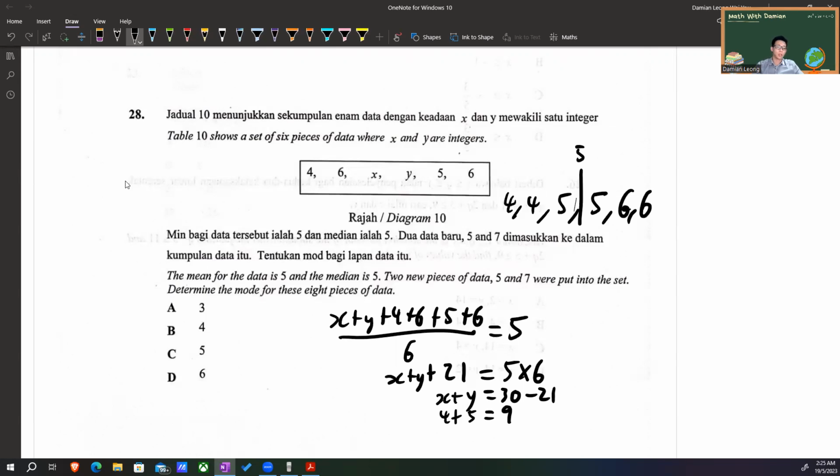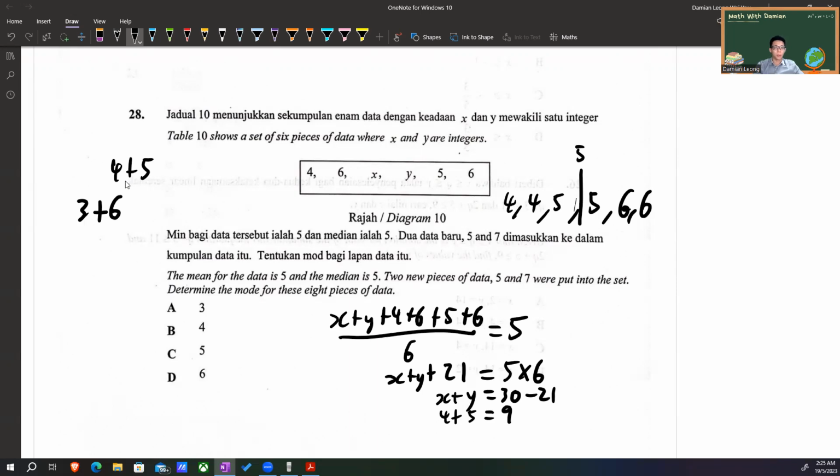Because to get 9, it will be 4 plus 5 or 3 plus 6. If it's 6 and 3, then it will be like that, which doesn't give a median of 5. So the only way is like this.